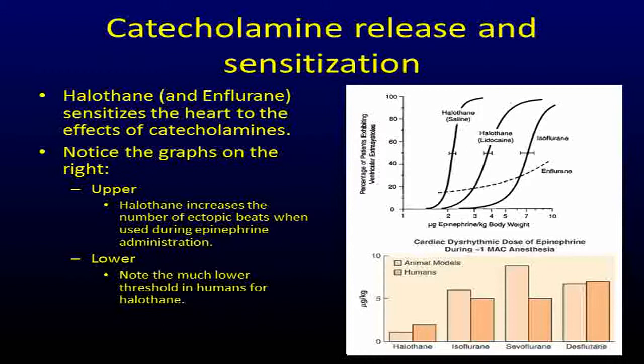The title is cardiac dysrhythmia dose of epi. You're not giving epi to prevent ectopy. No, you're causing a dysrhythmia with the epi. This is the dose of epi that causes the dysrhythmia. And so the dose that causes a dysrhythmia for sevo is roughly 5. For iso, it's roughly 6, and for des, it's roughly 7.